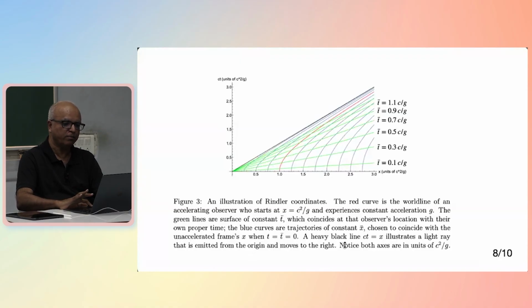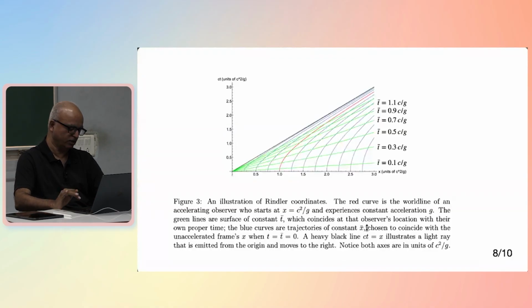A heavy black line, ct equals x, this diagonal one, illustrates a light ray that is emitted from the origin and moves to the right. Notice both axes are in units of c square by g.